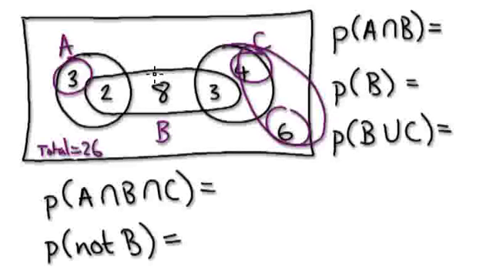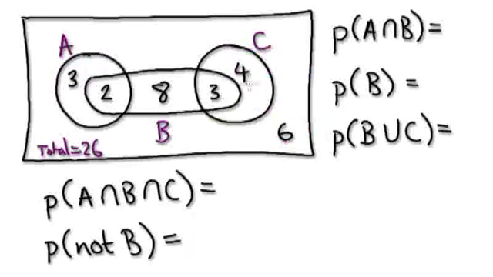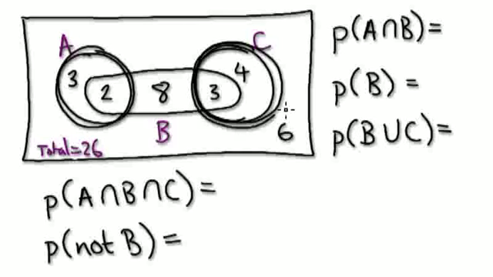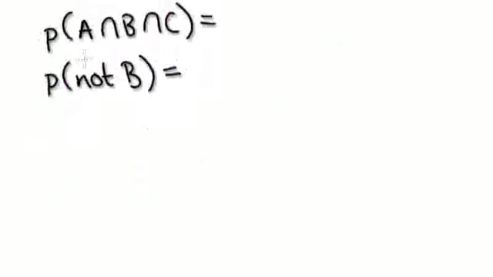So merge these two together, that's 10. 10 plus 3 here would be 13 over 26. By the way, C and A are mutually exclusive, because they don't overlap.